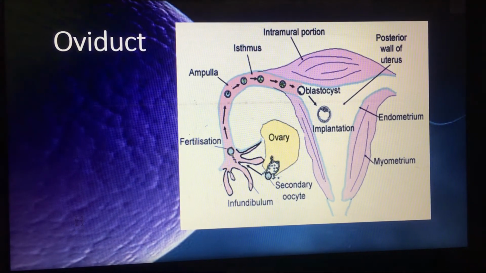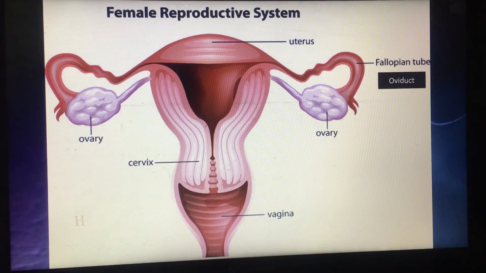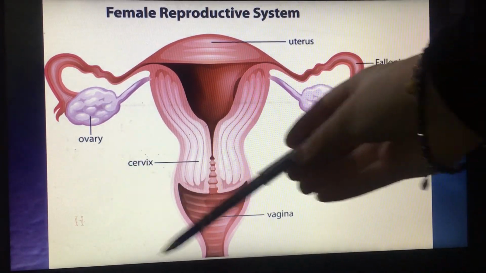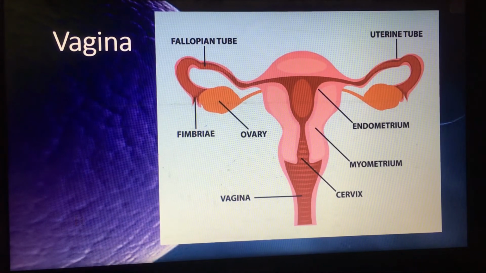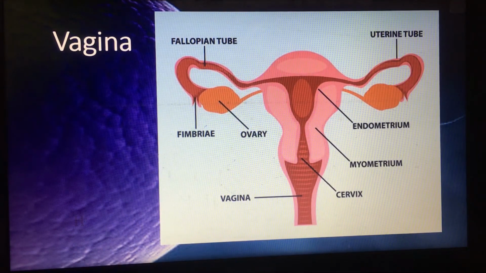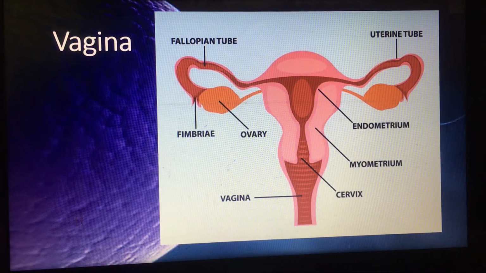Okay, then we have the vagina. So what is the function of the vagina? Actually, the vagina is the part of the body where the penis fits into the woman. So what do we mean by penis? Actually, the penis is one of the parts of the male reproductive system.